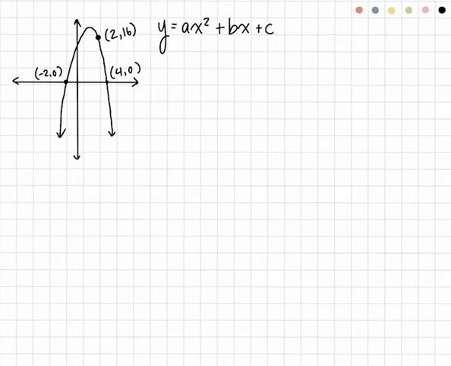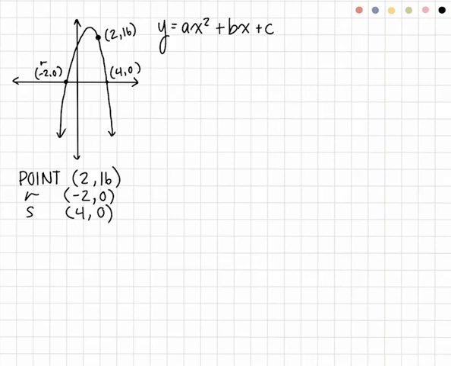So let's extract what this graph is actually telling us. I have a few pieces of information here. I have a point on the graph at 2 and 16, and I also notice that I have my zeros, which are my x-intercepts. So I have my r, which is negative 2 and 0, and my s, which is positive 4 and 0.